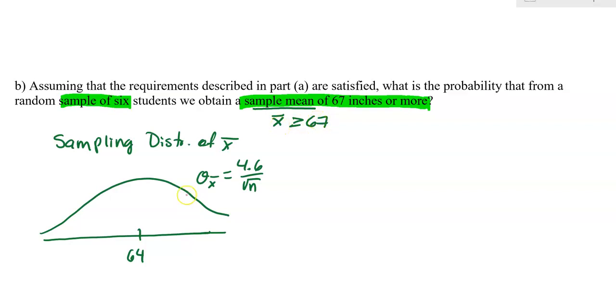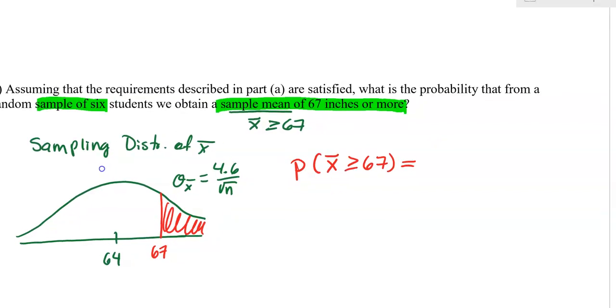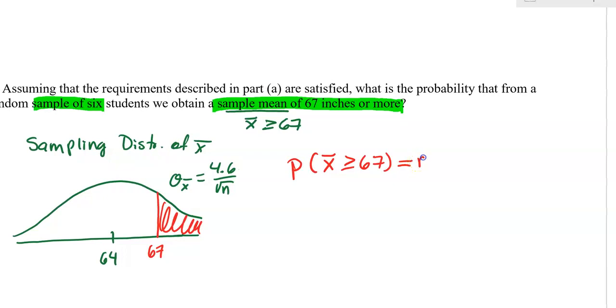So let's find 67 somewhere on the right hand side, right? But it says or more, so we know we're going to shade to the right hand side. So the probability that the sample mean of those 6 students is 67 inches or more is equal to, well, we're just finding the probability under a normal curve, so that translates into a normal CDF.